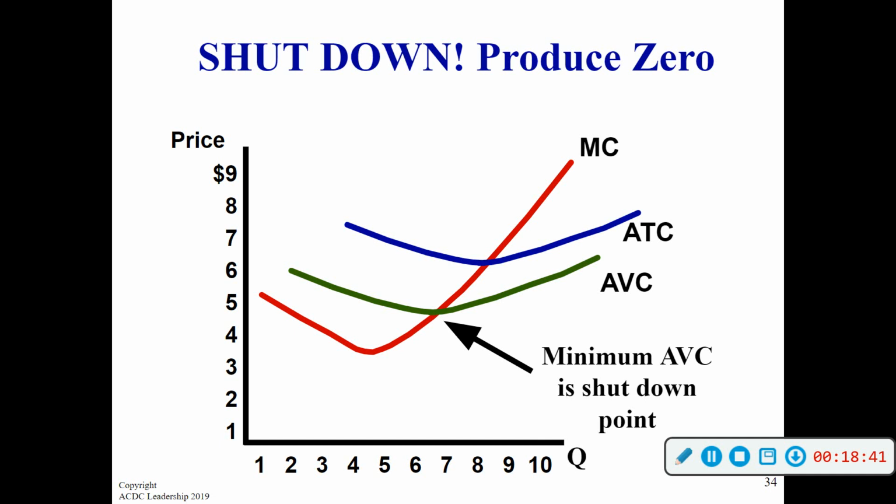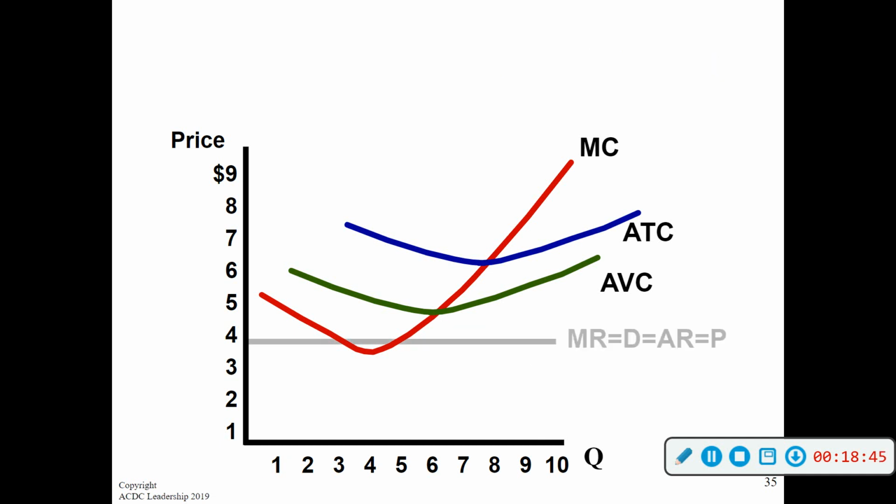So we don't have an average fixed cost curve, but the distance between ATC and AVC is your fixed cost. Is it the fixed cost or the average fixed cost? Because it looks like it changes. Well, from there to there, this space in between, that's your average fixed cost. So whatever the difference is between those two represents the average fixed cost.